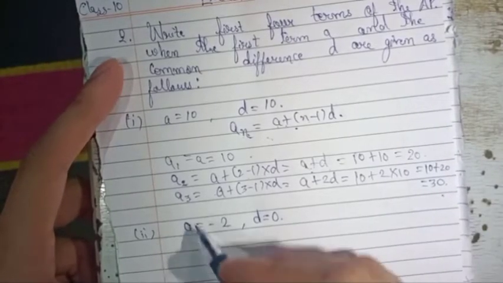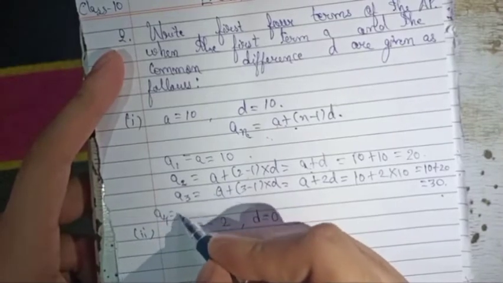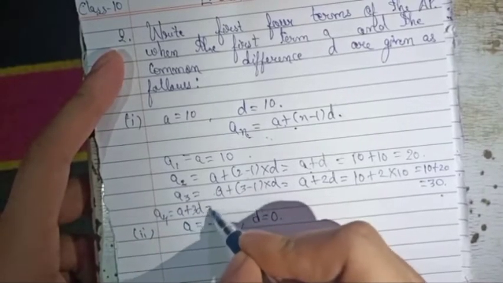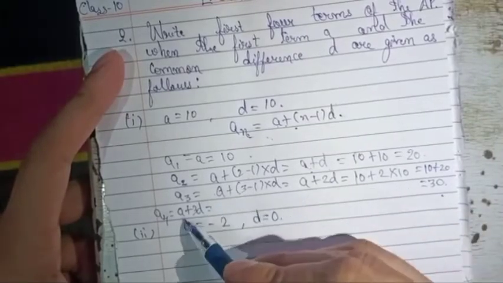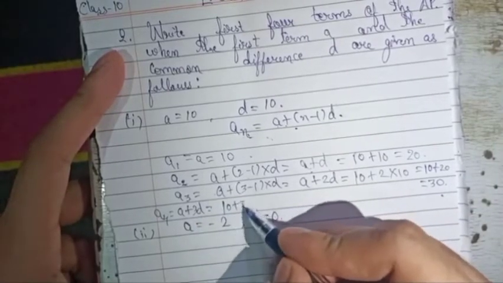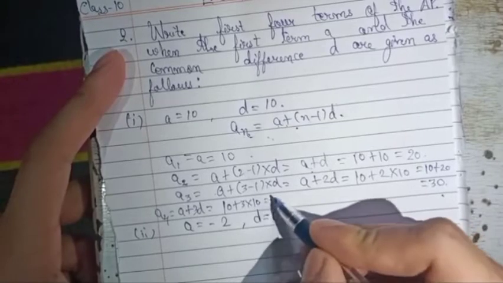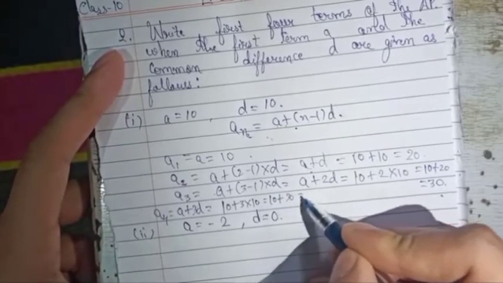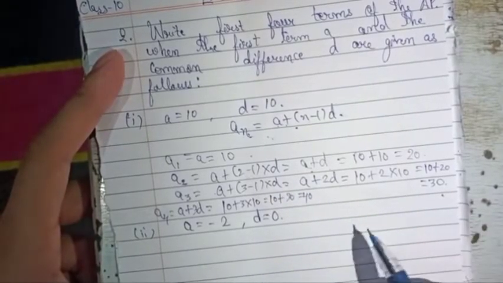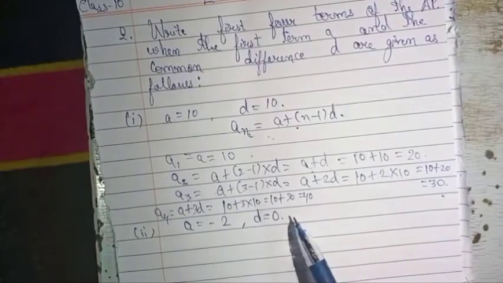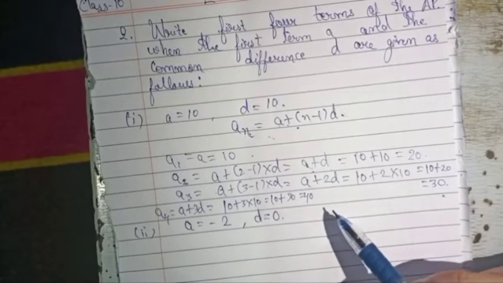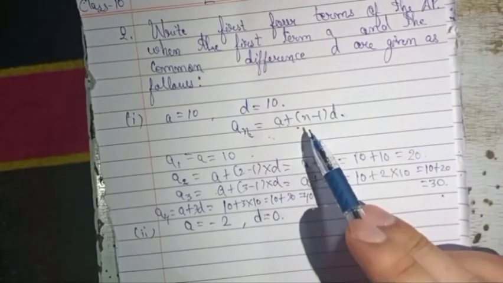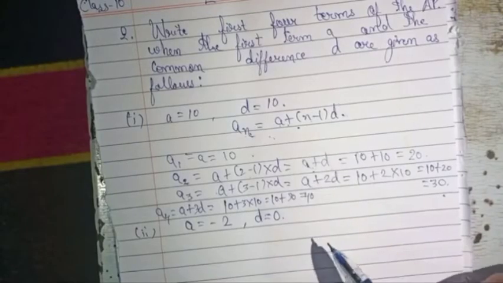In the same way you can calculate a4. It will become a plus 3d, so 10 plus 3 multiplied by 10, so 10 plus 30 is 40. So all the 4 values of the AP we obtained with the help of this formula.